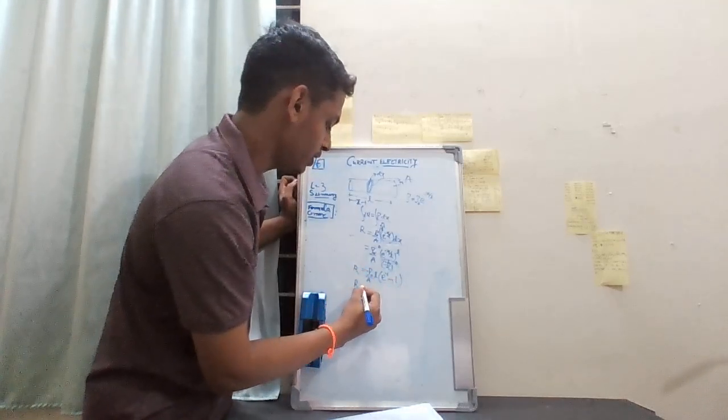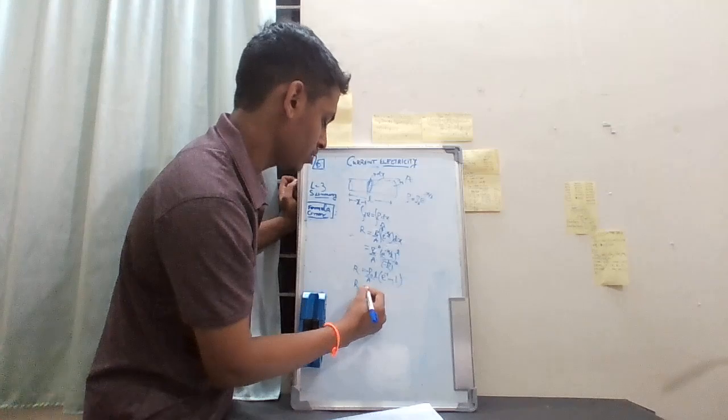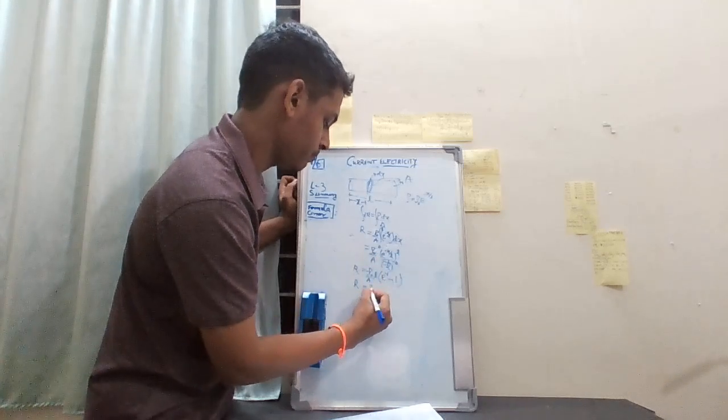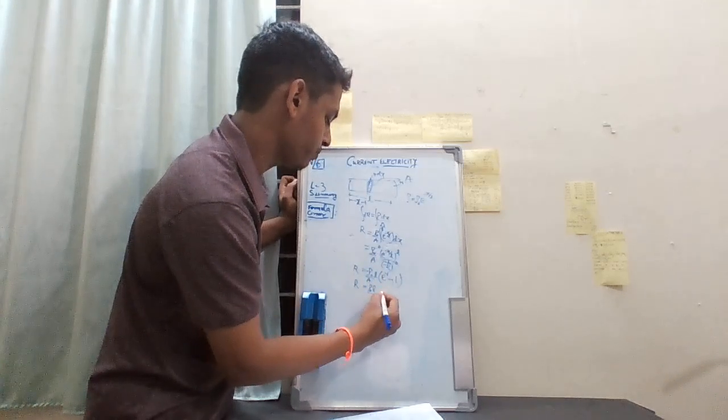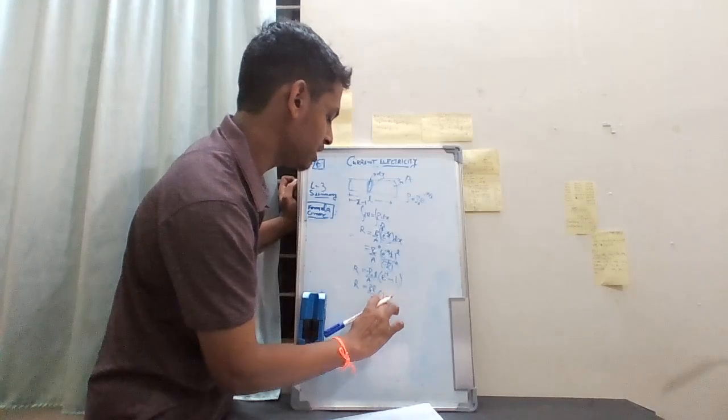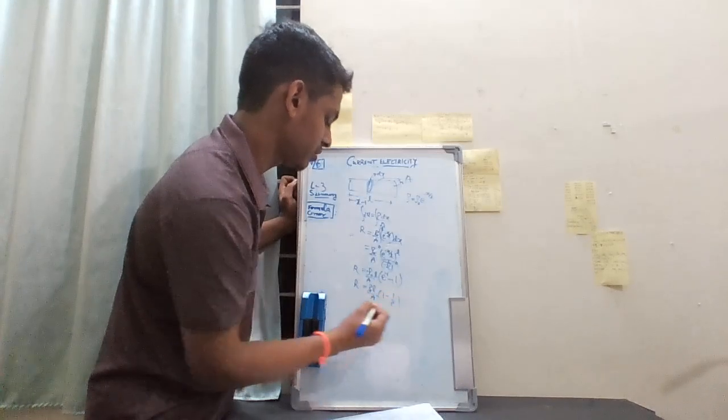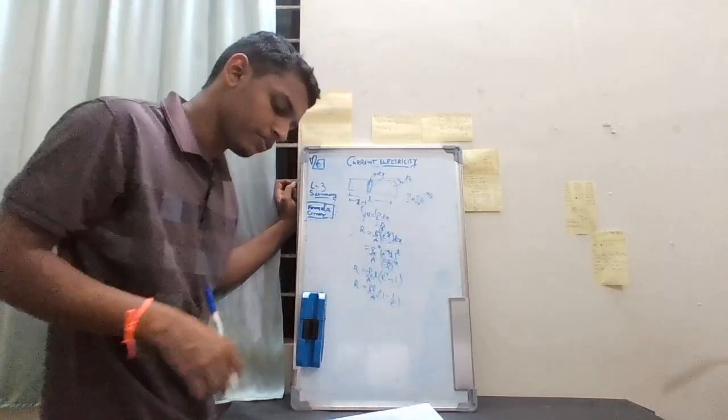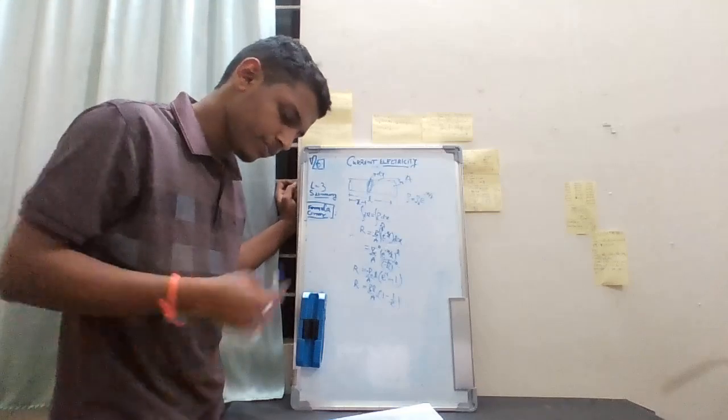If we want, we can take the minus inside, 1 minus 1 by e. We can simplify further, but that's all.